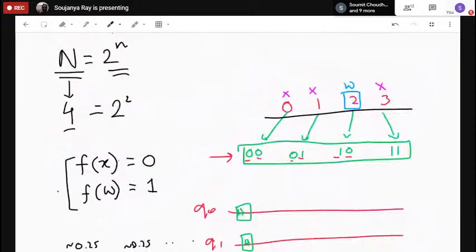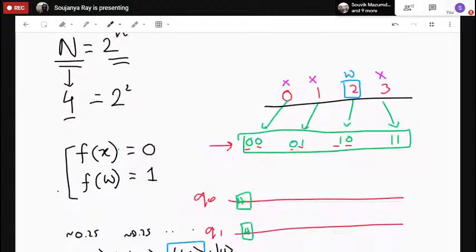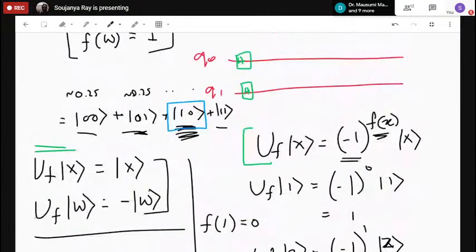So I'll give you another view. So we have n items. Suppose for example, we have taken 4 items here, 0 to 3. We need to design a function that outputs 0 when you are searching for the not search item, and that outputs 1 when you are putting in the searched item. Then you need to put the states into superposition.